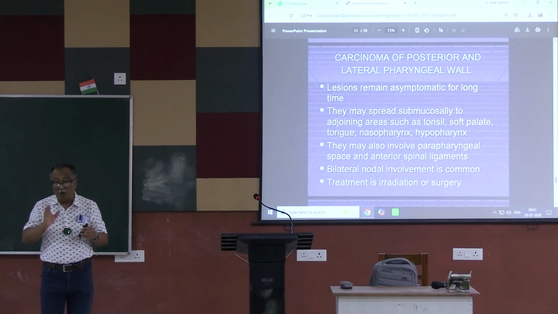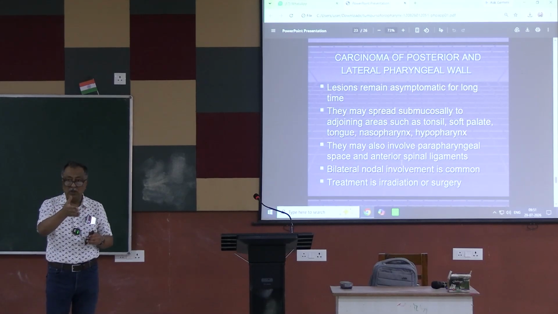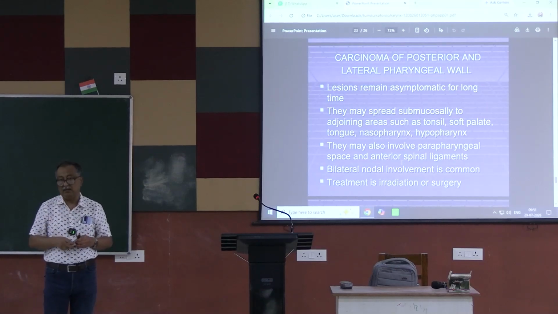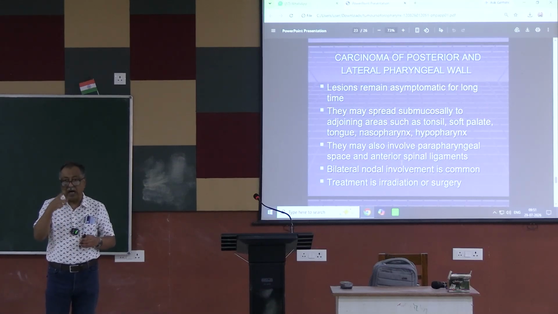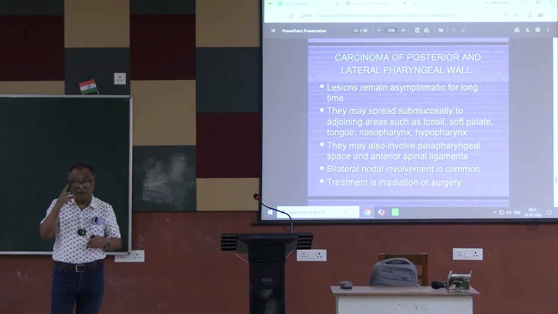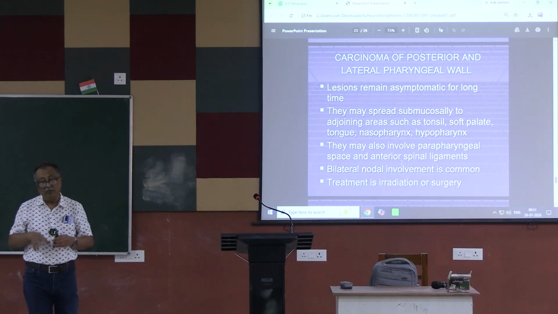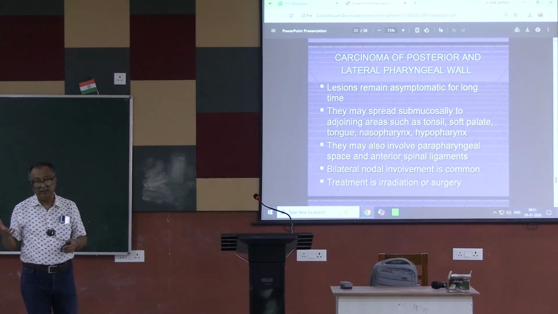But before referring him or her to the dental surgeon for extraction of this tooth, you palpate that area. The induration, the ulcer palpation will teach you the feeling about the malignant change, before the histology.